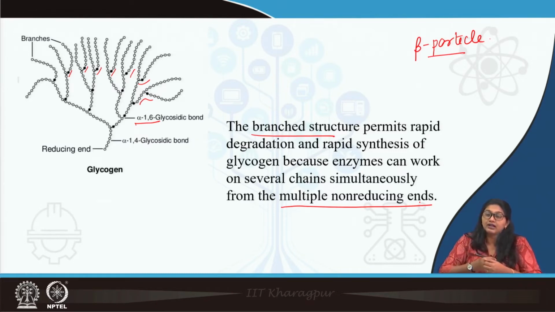Now, remember, in the glycogen granule there is the beta particle, glycogen itself, as well as the enzymes which help in breakdown or synthesis of glycogen, and they are also present inside the glycogen granule, as well as the molecules which induce or inhibit the breakdown or synthesis.